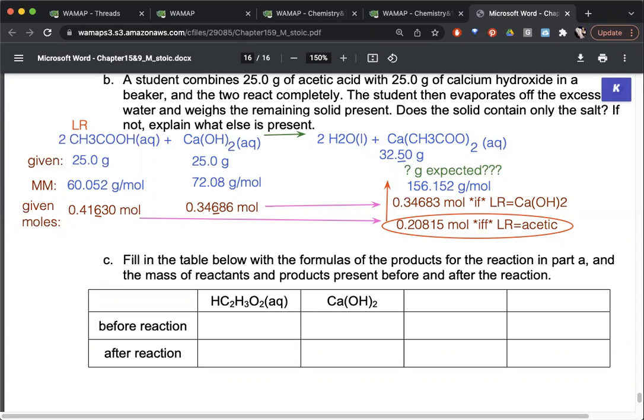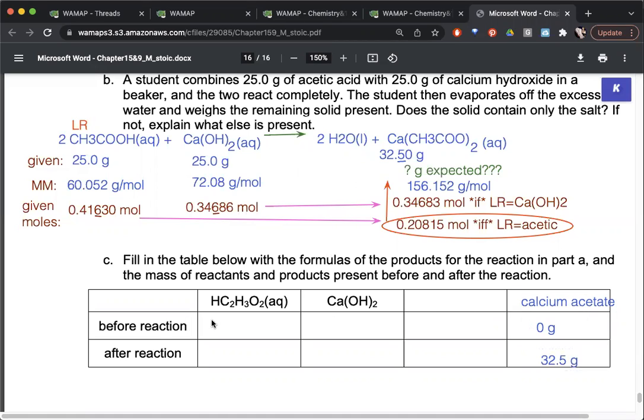All right. So after reaction, I can go ahead and fill this in. We didn't really care about the product so much, but I'll go ahead and put this one in here. This is calcium acetate, a little easier to write out. And after the reaction, well, initially we had 0. And after the reaction, we have 32.5 grams.